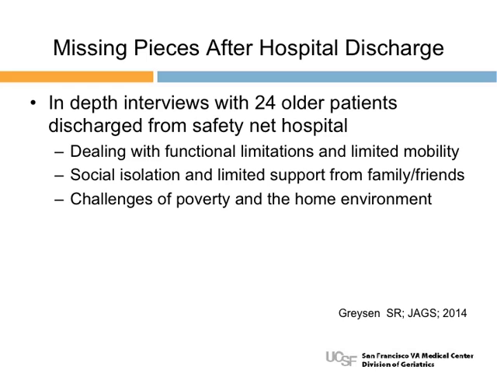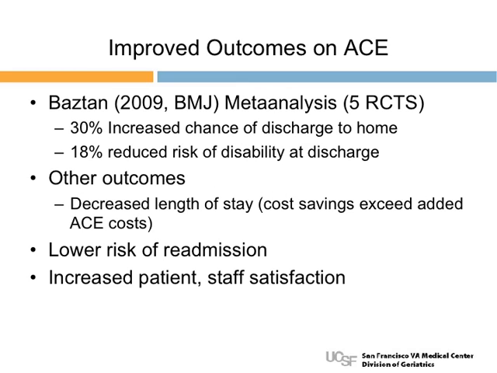And at the safety net hospital, there was often poverty in the home environment. They knew about their post-discharge visit, but they didn't have $25 to take the cab ride to their visit. So some of the things we're thinking about are actually more based on functional and patient needs.